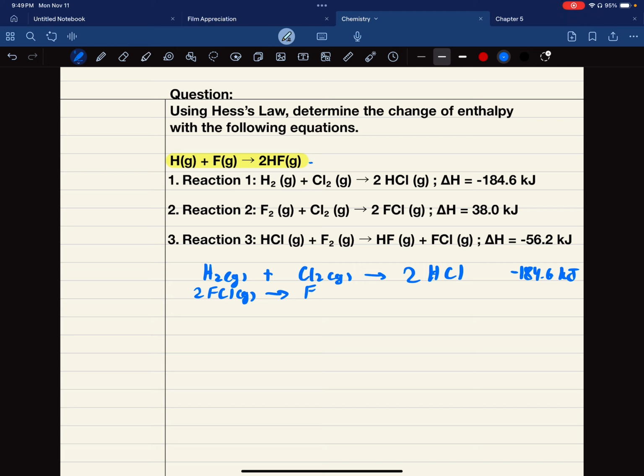So that would give us F2(g) plus Cl2(g), and our enthalpy is going to be opposite as well, because we're flipping this over. From an endothermic reaction, it would become an exothermic reaction. So it's going to be negative 38 kilojoules.